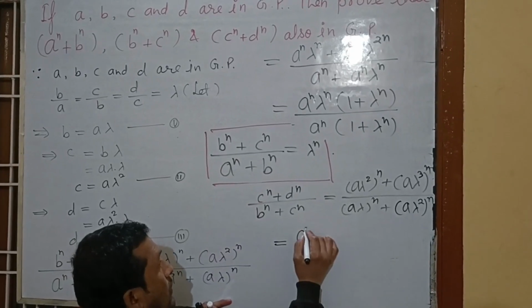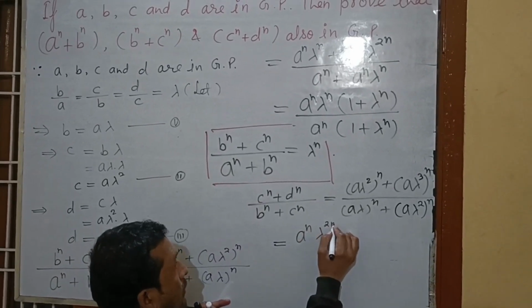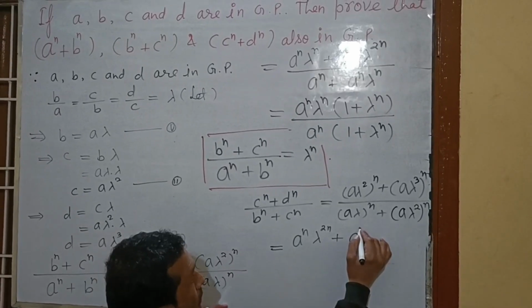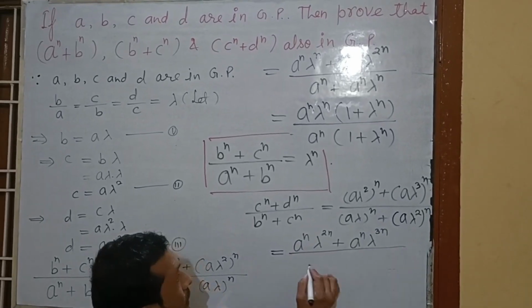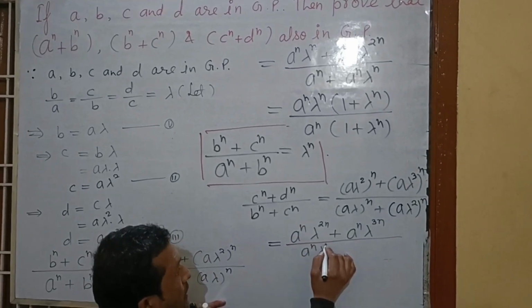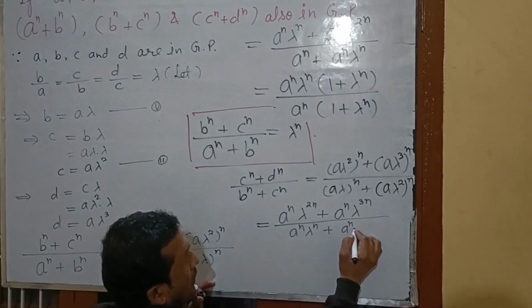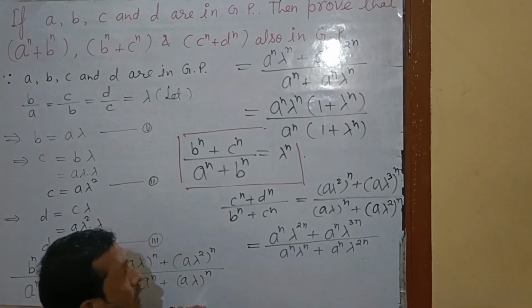That is A to the power n lambda to the power 2n plus A to the power n lambda to the power 3n, upon A to the power n lambda to the power n plus A to the power n lambda to the power 2n.